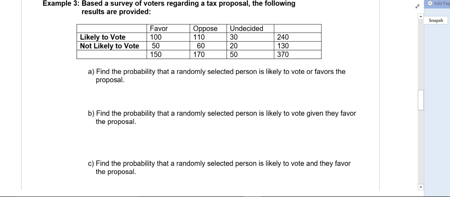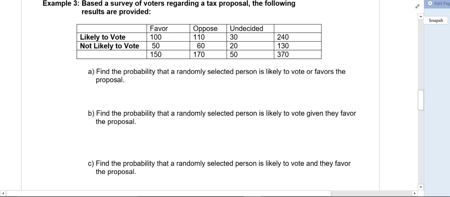Okay, we have a table based on a survey of voters in regards to a tax proposal. Now, I've discussed this in class. Hopefully you're familiar with the table, but I'm going to work the problems and I'll try to explain things as I go, but you should try it first, right? So here's the information.